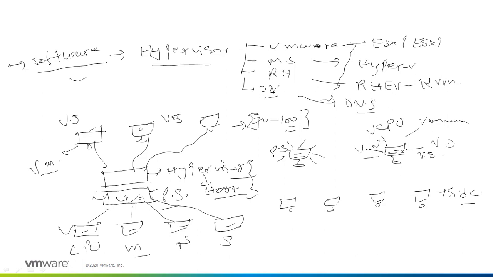Even any of the public cloud providers, whether AWS, Azure, Google, or IBM, whenever they build a cloud as an underlying infrastructure, they use some hypervisor, and on top of that, at the end of the day, you are creating virtual machines.